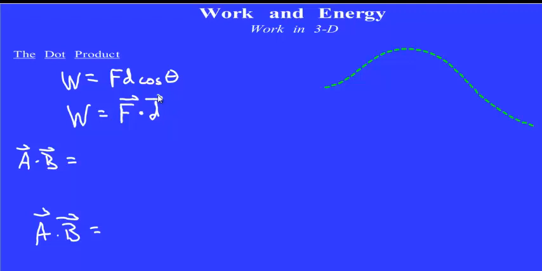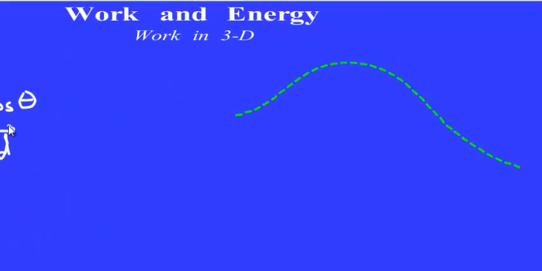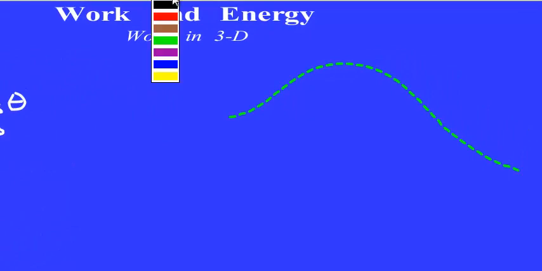First of all, in the example here, I traced a path that an object might be following in space. It doesn't look three-dimensional, it just looks two-dimensional, but trust me on that one. Let's pick a spot right here. It's moving in that direction, tangent to the motion.